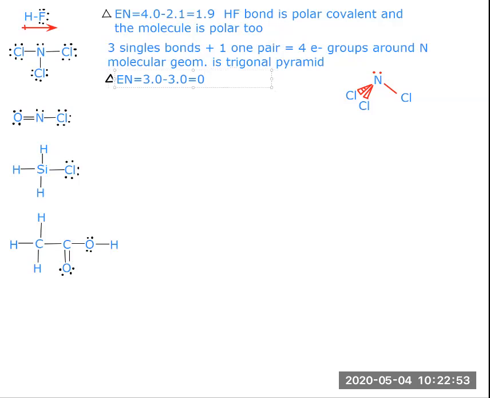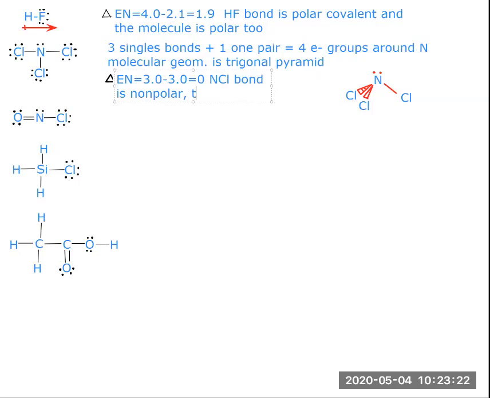So the NCl bond here is non-polar. And when you have non-polar bonds, if your molecule has only non-polar bonds, there is no way that your molecule will be polar, right?